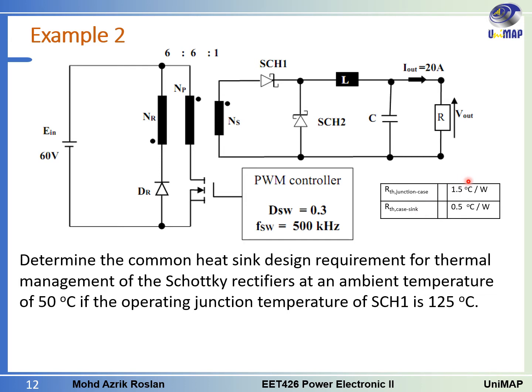Based on these values, you can determine that the RTH junction to sink is equal to 1.5 plus 0.5. Because you have the junction to case and then case to sink, these values can be added together to find the junction to sink.